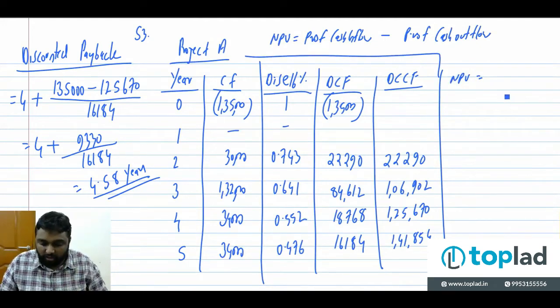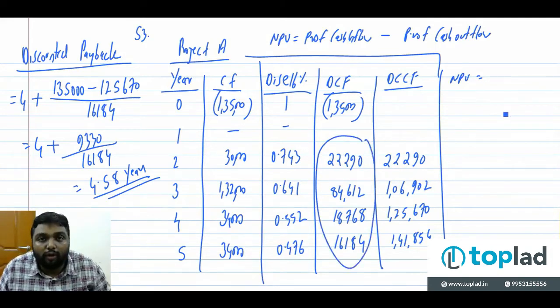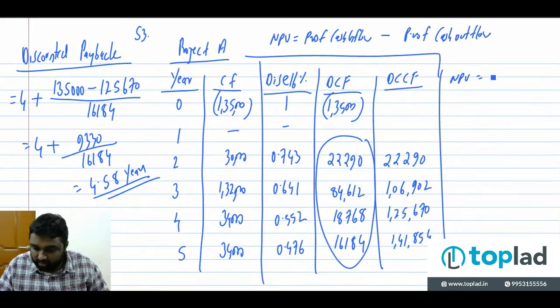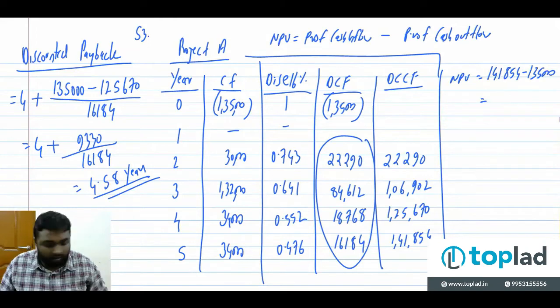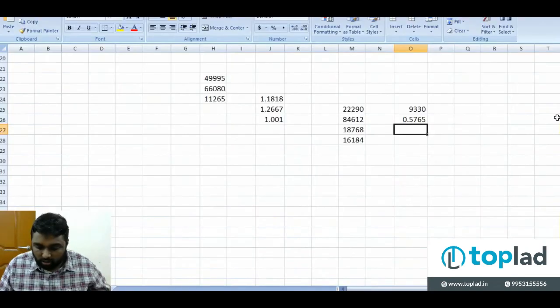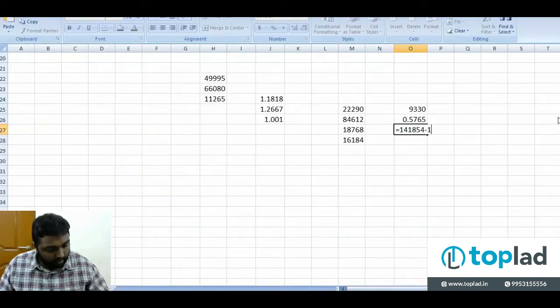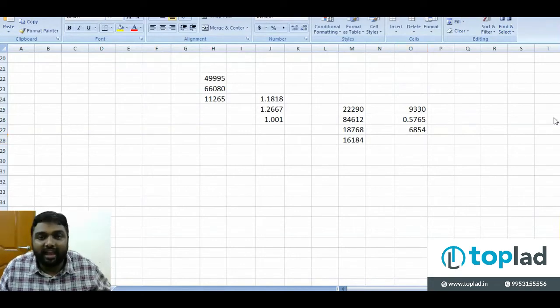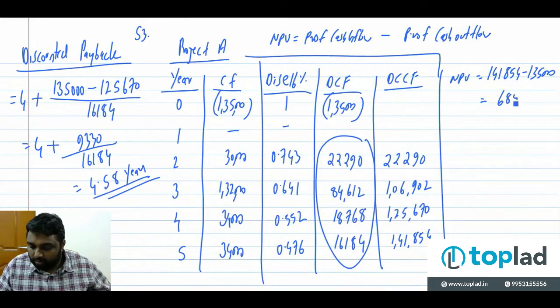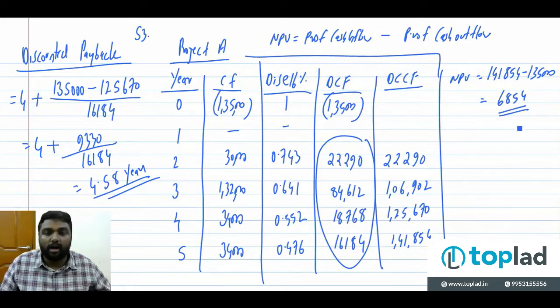Inflow is the total of all the positives, which is 1,41,854, minus 1,35,000. So the difference is 1,41,854 minus 1,35,000, 6,854. That is the NPV.